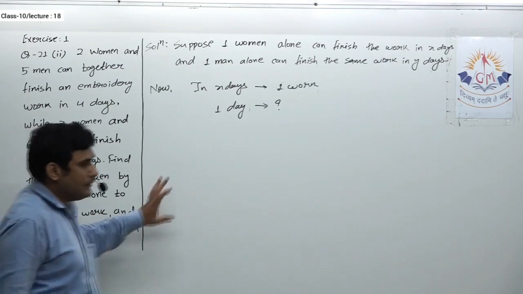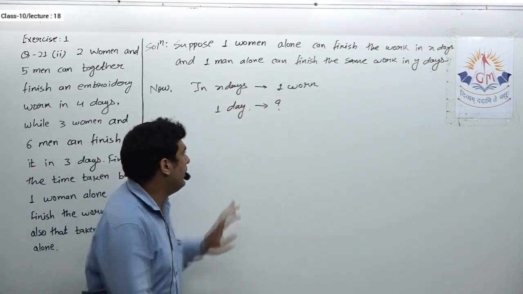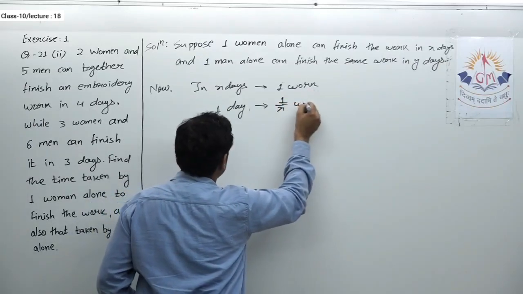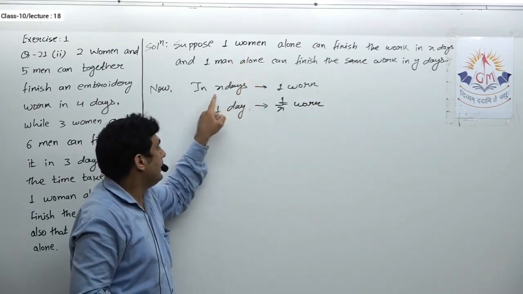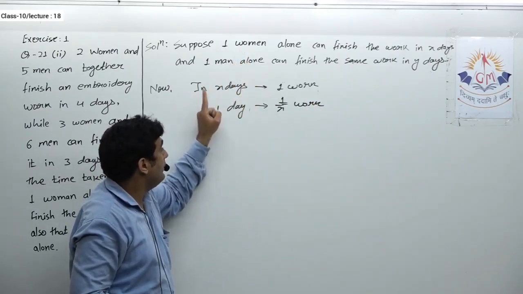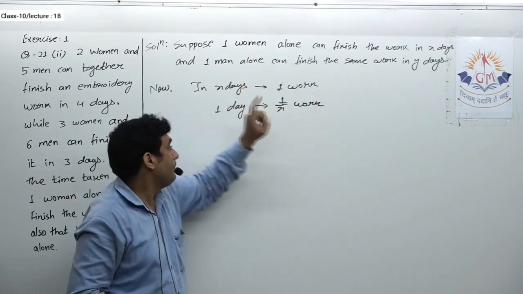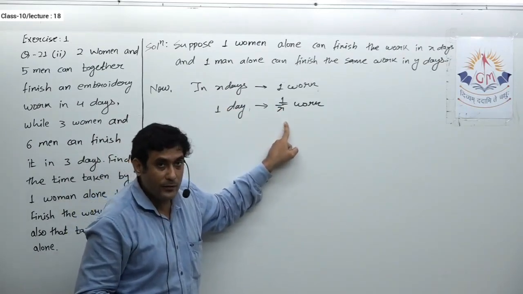Okay, it is actually a task of unitary method. In X days, one work, so in one day, 1 upon X work, isn't it? Now here we are talking about women. That means in X days, one woman can finish one work. So in one day, one woman can finish 1 upon X work.